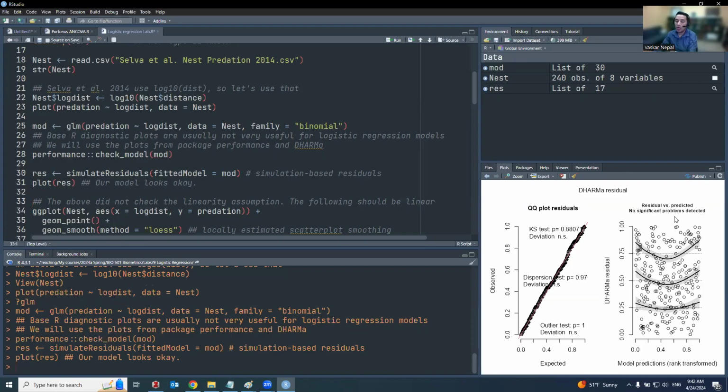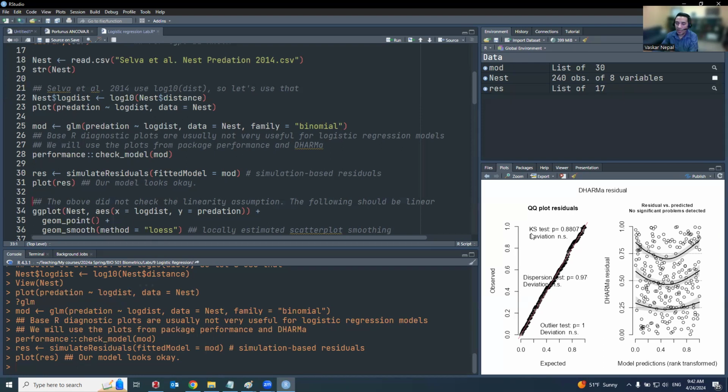This package actually runs some statistical analysis also and checks that not only visually, but also using statistical tests. And what this package has said is that there are no significant problems detected. So we are good to go with the homogeneity of variance assumption.